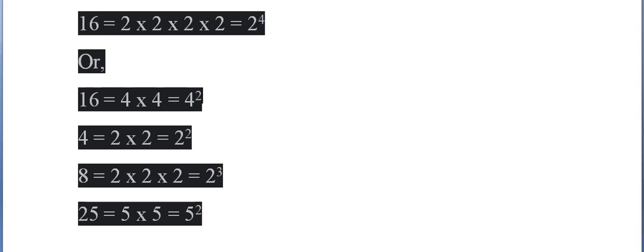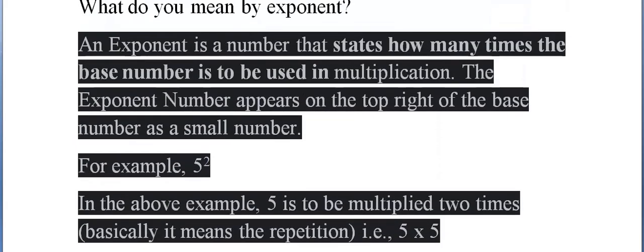So by exponent or index or power, we refer to such a number which states how many times the base number is to be multiplied with itself, or to be repeated in case of multiplication.